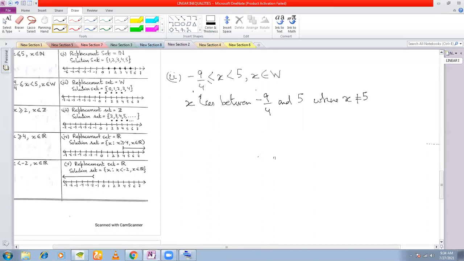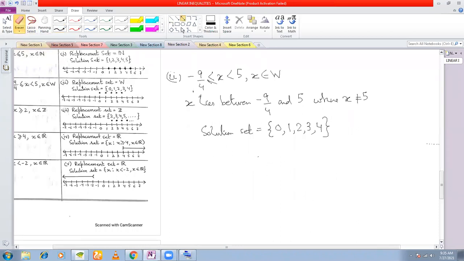But x can be equal to -9/4 because you see an equality sign here, right? Let's write the solution set. x is a whole number. So what are the whole numbers that lie between these two? 0, 1, 2, 3, and 4. Because x cannot be equal to 5. These are the whole numbers that lie between these two values. So therefore, this must be the solution set.